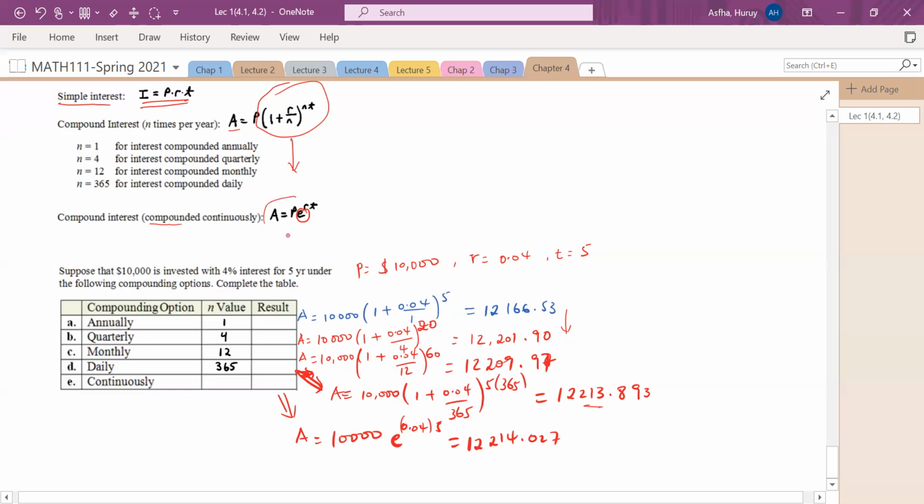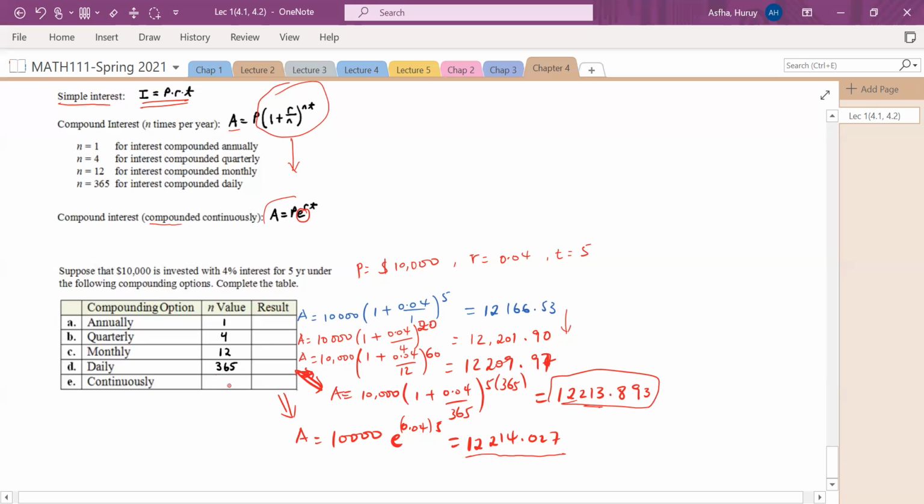When the compounding is continuous, we have this value. And when it's daily, which is 365 times a year, then this is the value. And the difference is small. It's less than $1.